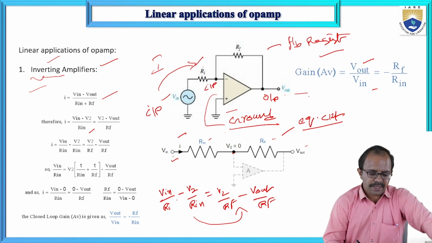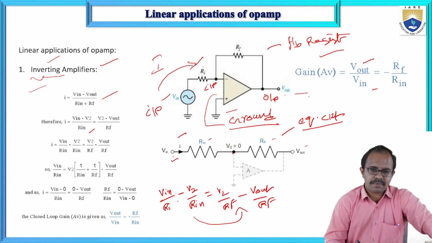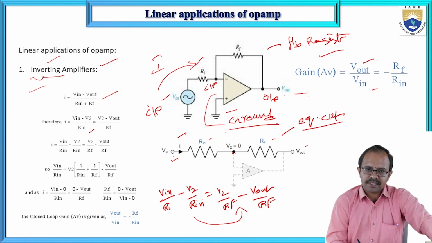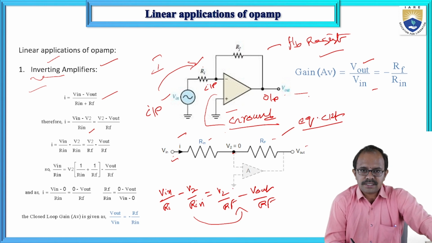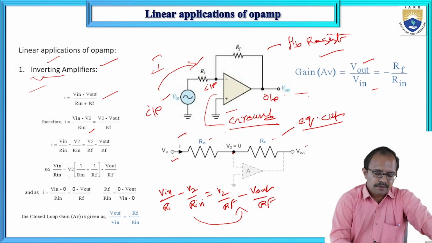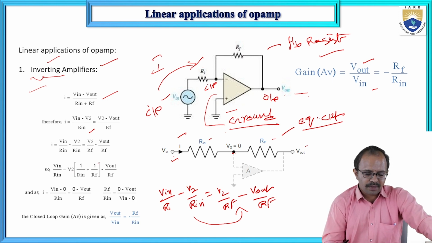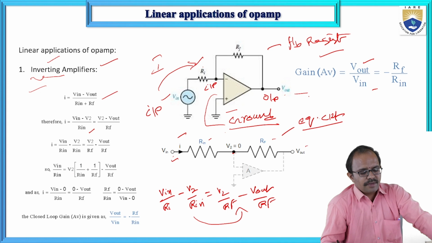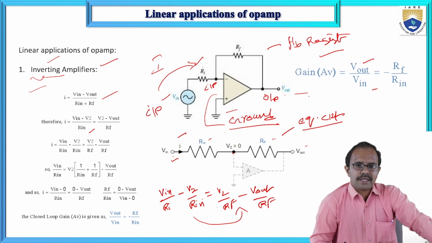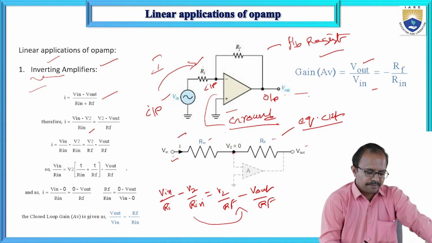V in by R in is equal to, we can take V2 as common. Once we shift this V2 by R in to the other side and take V2 as common, we will get V2 into 1 by R in plus RF, minus V out by RF. So this is what we are getting.